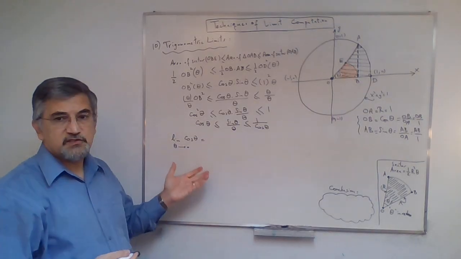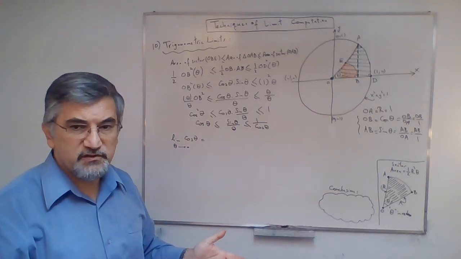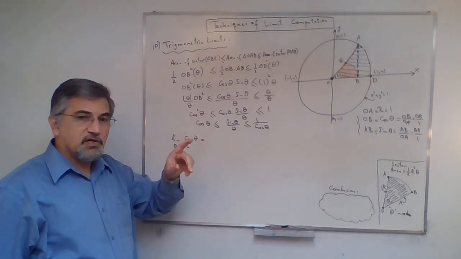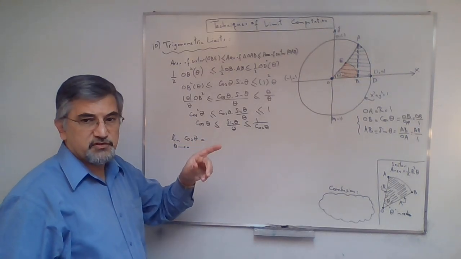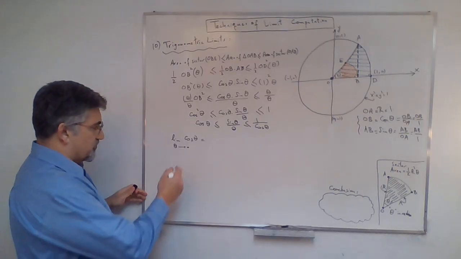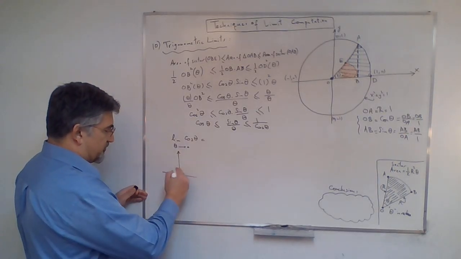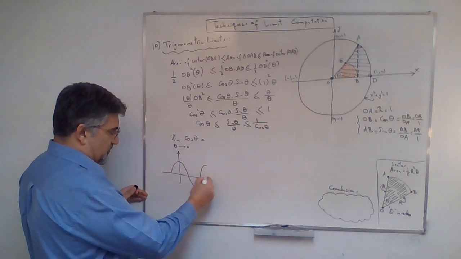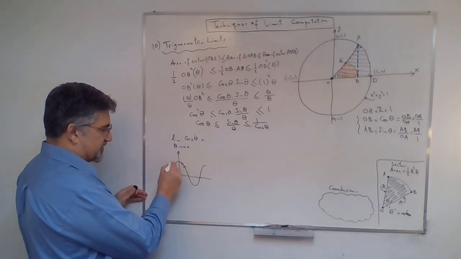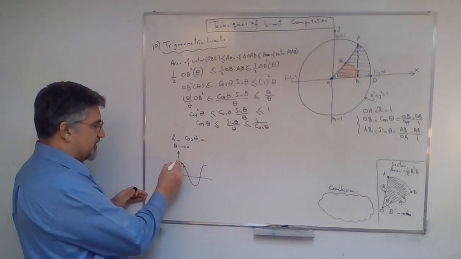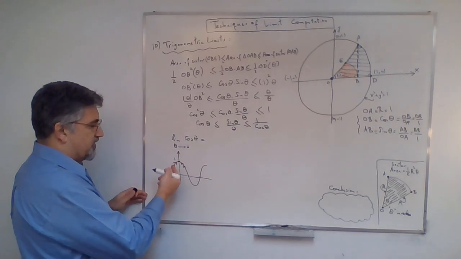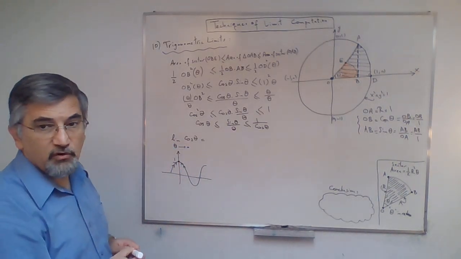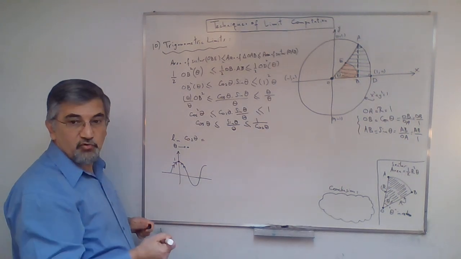It's needless to say that cosine of 0 is 1, obviously, so the direct substitution method would work. And even if not, you can draw the graph of the cosine function. The graph of the cosine function is something like this, obviously. So if x approaches 0, from the right side or from the left side, it doesn't matter, because the max value is 1, and the limit of cos theta equals 1 when theta approaches 0.